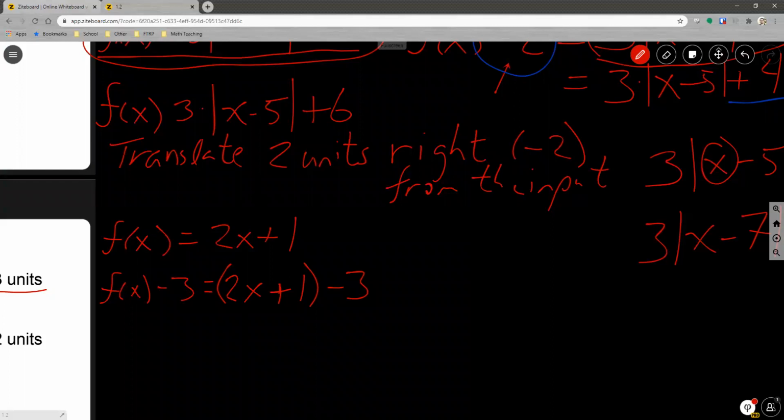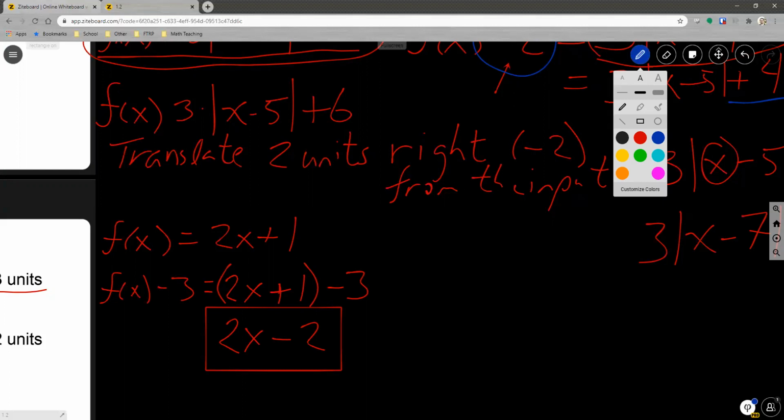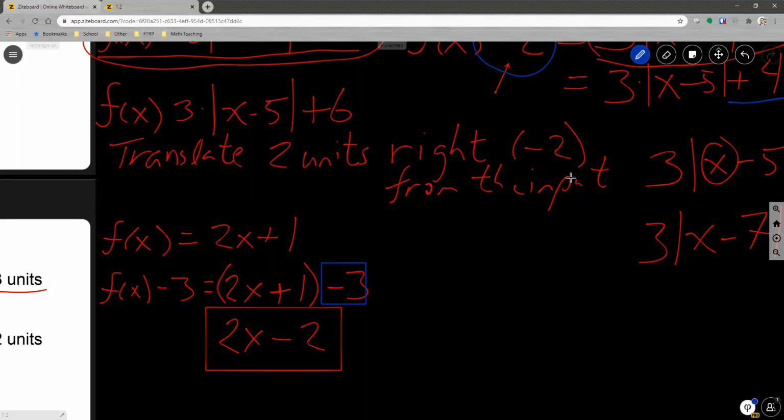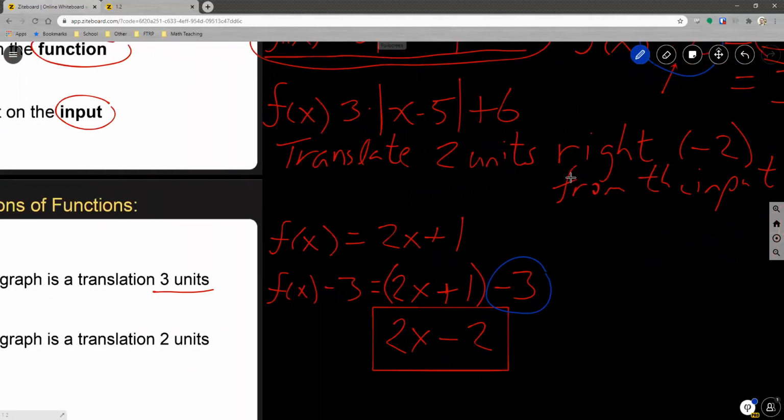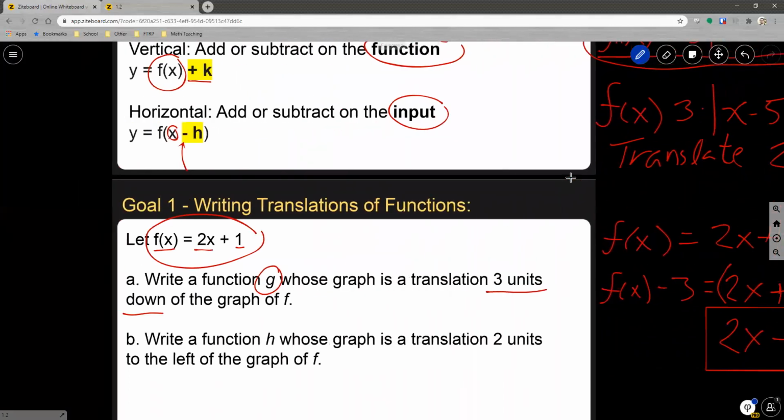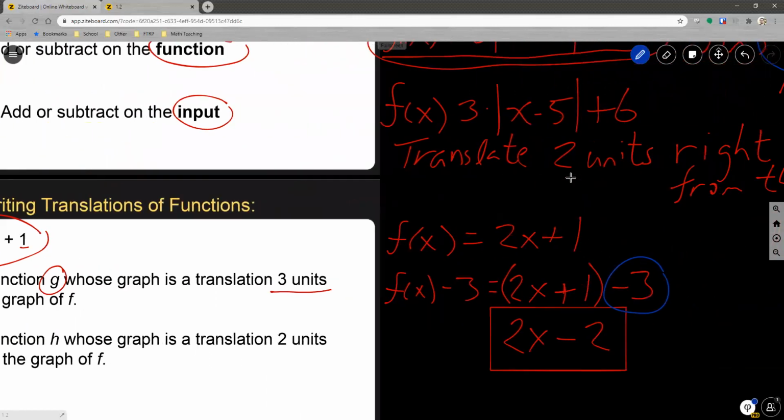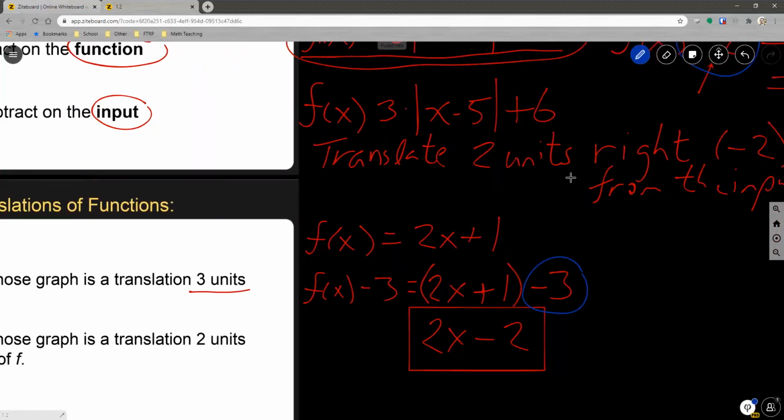I can rewrite that again as 2x minus 2. The minus 3 is my translation, 3 units down. And since it's a vertical translation, because it's down, we subtract 3 from the entire function as a whole.